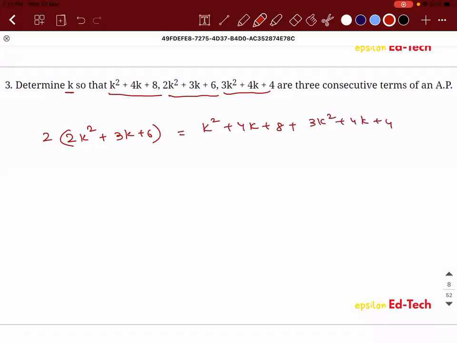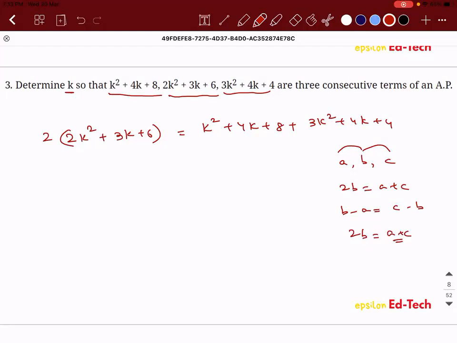Did you understand what I did? If A, B, C are in AP, then 2B is equal to A plus C. You know this condition? Because B minus A will be equal to C minus B. The common difference between B and A will be the common difference between C and B also. So 2B is equal to A plus C.